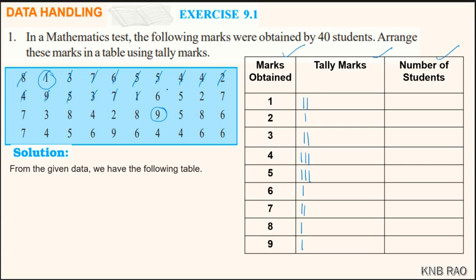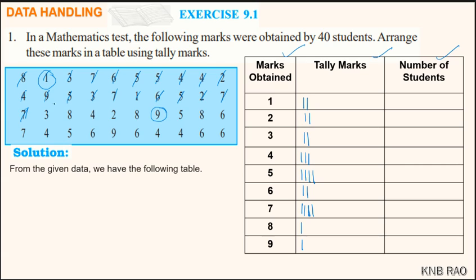student getting 1 mark is the second boy, 6, second boy got 6 marks, 5, fourth boy got 5 marks, 2, second boy got 2 marks, 7, third boy got 7 marks. This is the third boy's third tally mark I marked. 7, that means the fourth boy again.